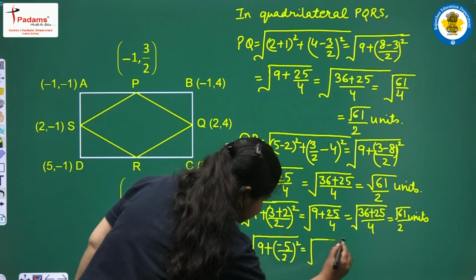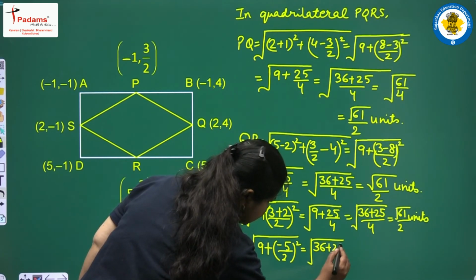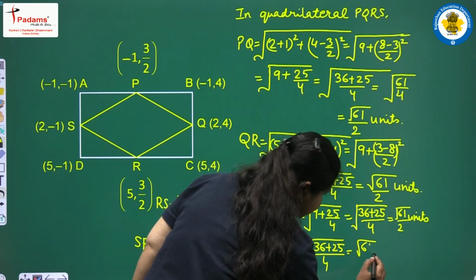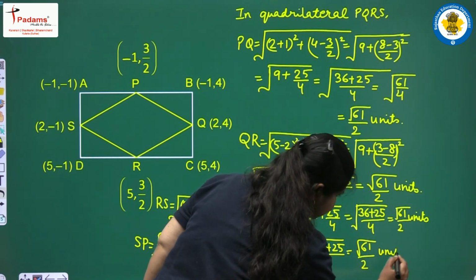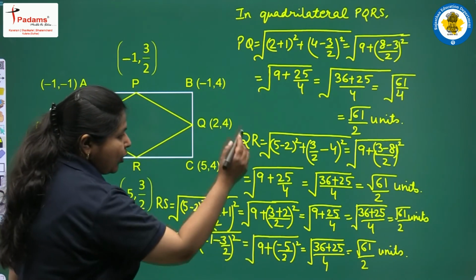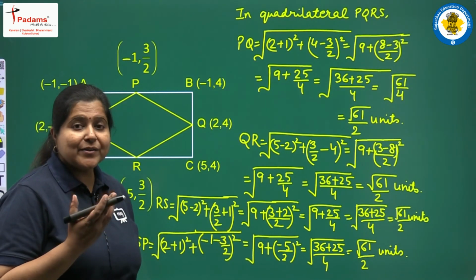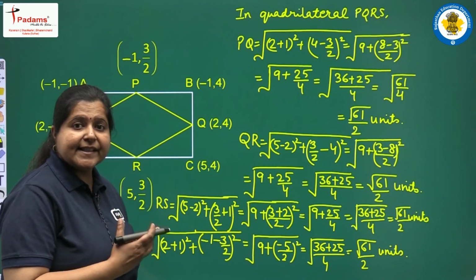This is again 36 plus 25 upon 4, and this is again root 61/2 units. So what we see? All the four sides are equal. So this can be either a square or a rhombus. Now how to decide whether it is a square or rhombus?